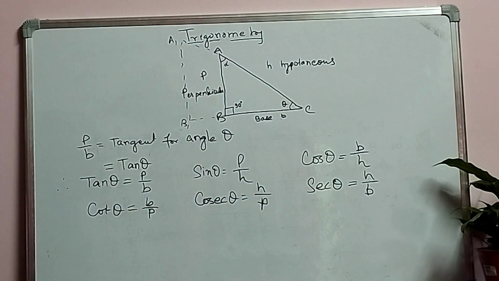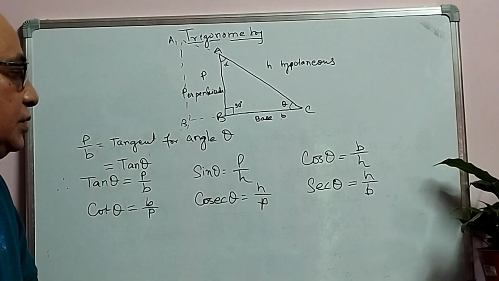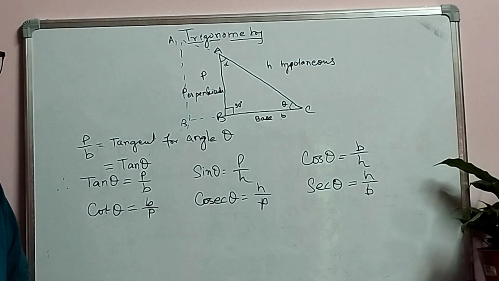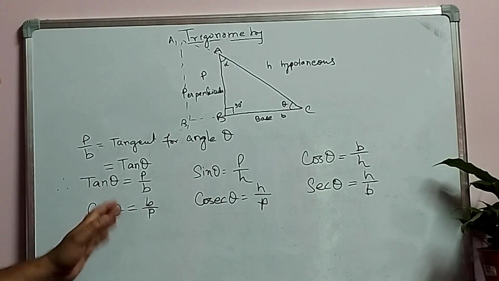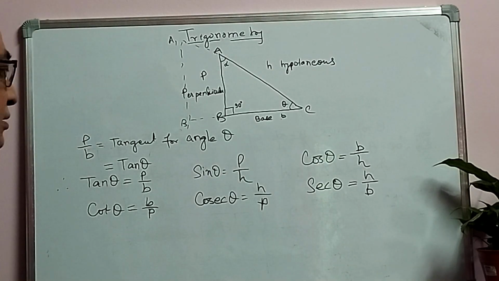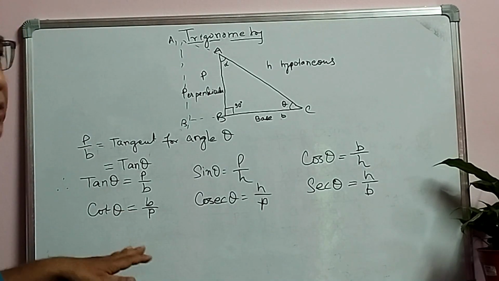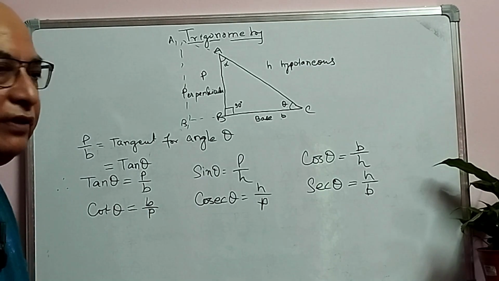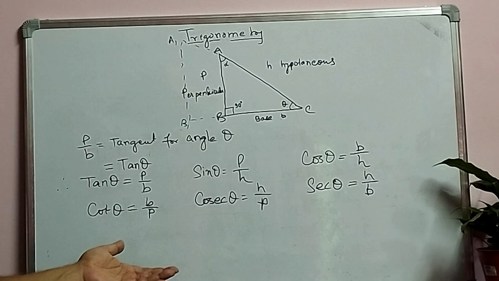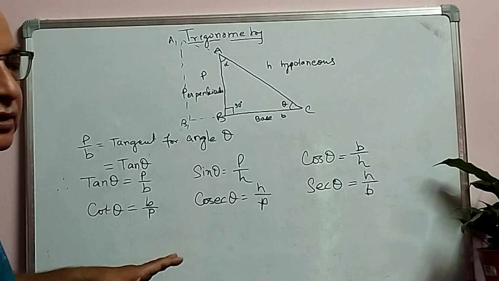So this is the basic thing about the sides of a right angle triangle, and the basics about the ratios of any two sides of the right angle triangle. And the whole of trigonometry is based on this and nothing else. This is the foundation, and everything evolves from this. So it's important to understand.